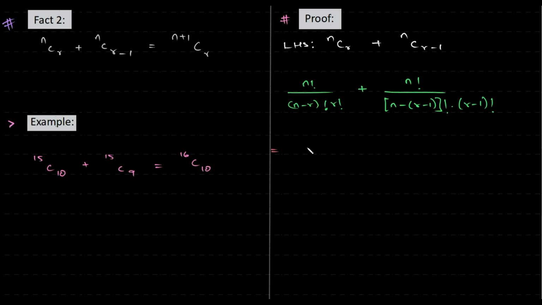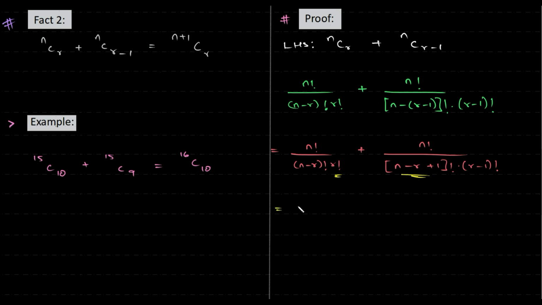Now this is equal to n factorial divided by (n minus r) factorial into r factorial plus n factorial divided by (n minus r plus 1) factorial into (r minus 1) factorial. So one of the ways of further simplification is we're going to expand this and expand this and take common.